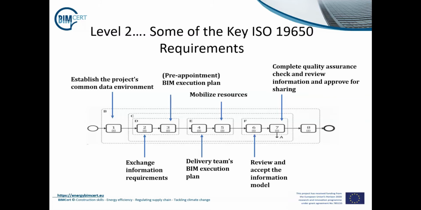The appointment can mobilize those resources, and then throughout the process there will be a review and acceptance of the information model along with quality assurance checks to review the information and approve for sharing. We will now move on and look at some of these activities in a bit more detail in order to gain an appreciation of what's involved in ISO 19650.